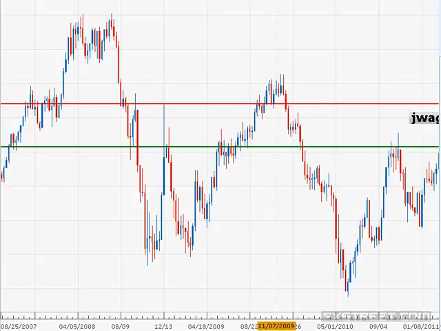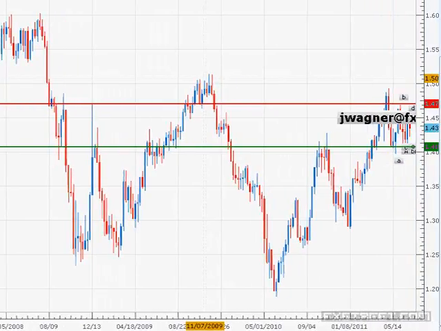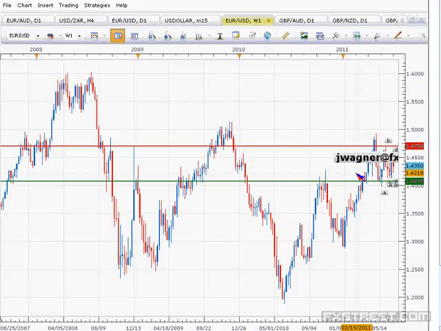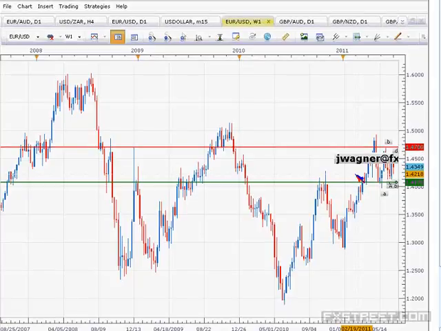And indeed, this high right here was lower than the previous high. So we've got lower highs and lower lows, and therefore this is in essence a longer-term downtrend. Remember I talked about the situation in Greece and Portugal and Spain and Ireland and Euro. That stuff has not been going on just in the past couple of weeks or months.